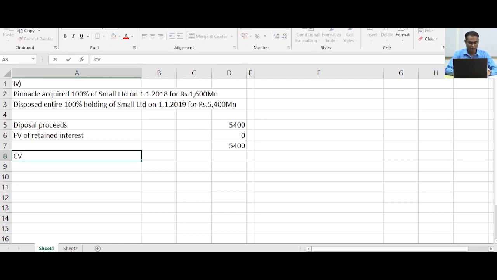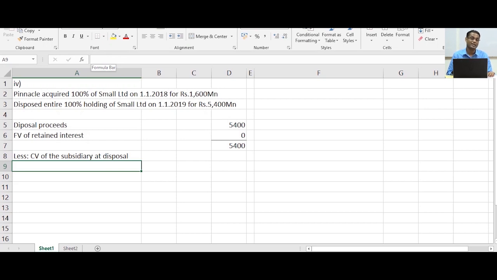Then from that you deduct the carrying value of the subsidiary at disposal. You have to deduct this. I told you all you need to derecognize 3 things with regard to the disposed subsidiary.